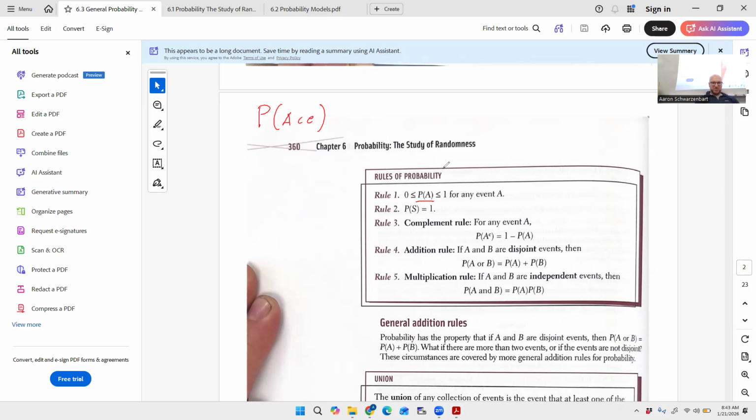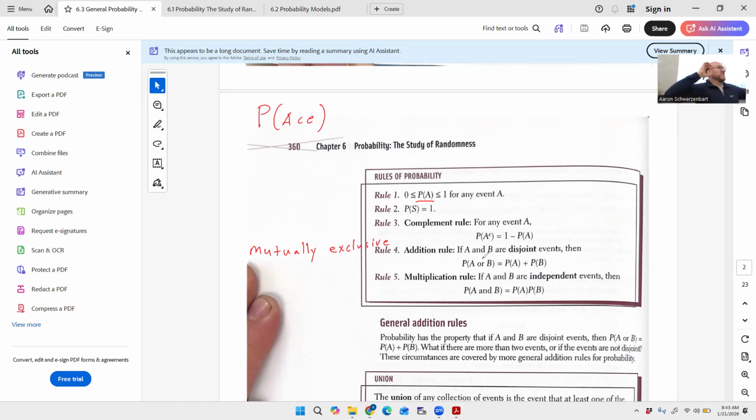So, the addition rule, if A and B are disjoint. Another word that we'll see for disjoint is mutually exclusive, and they mean the same thing, meaning there is no overlap.